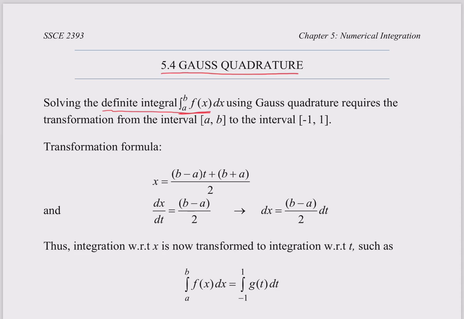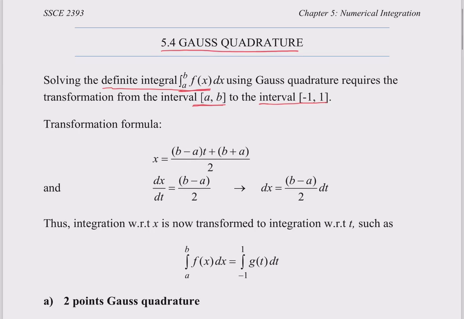The most popular Gauss quadrature, also known as Gauss-Legendre quadrature, transforms our interval of integration from a to b to -1 to 1.